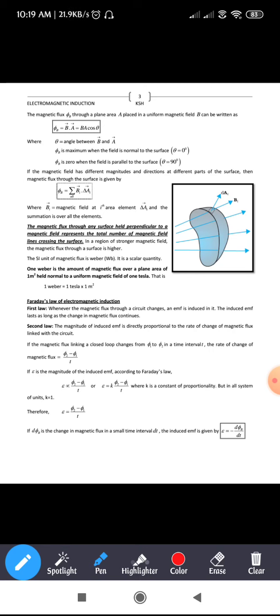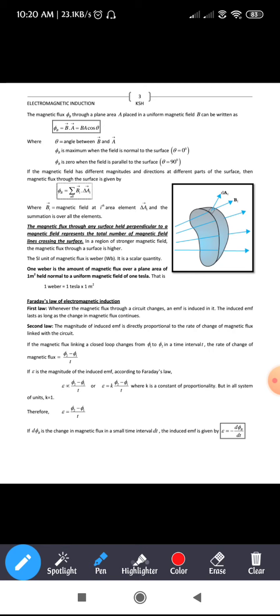Next, coming to the second law, it is said that the magnitude of induced EMF is directly proportional to the rate of change of magnetic flux linked with the circuit. If the magnetic flux linked with the coil changes more rapidly, the current induced in the coil will be more.